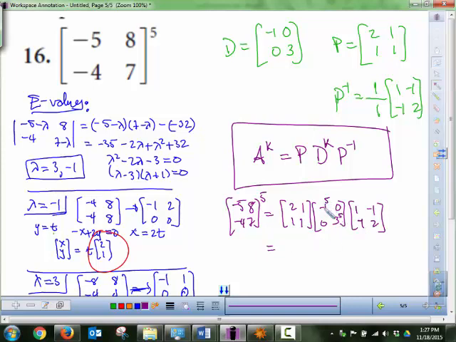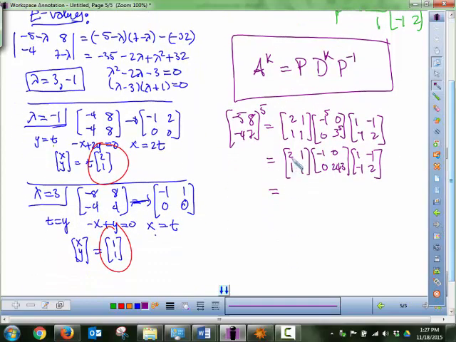So -1 to the 5th power is -1. I just have to figure out what 3 to the 5th power is. It's 3, 9, 27, 81, 243. So [2, 1; 1, 1], [-1, 0; 0, 243], [1, -1; -1, 2], and then just multiply.